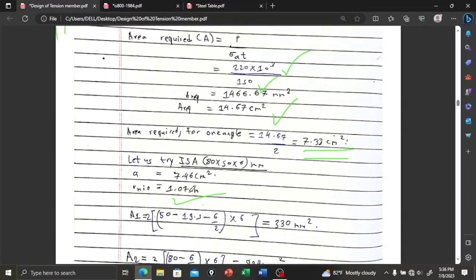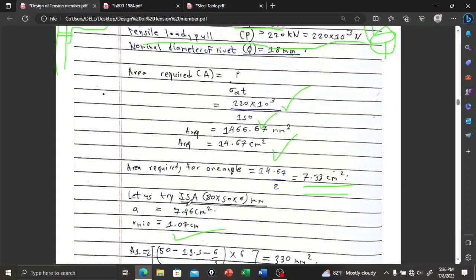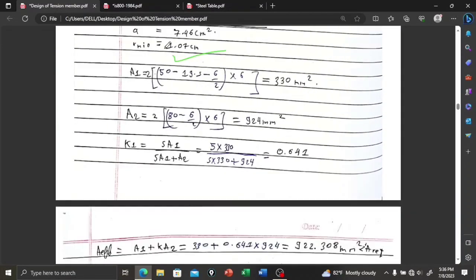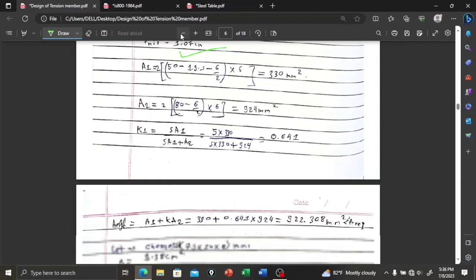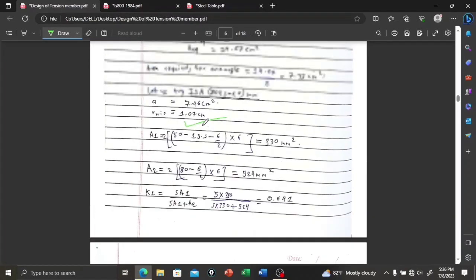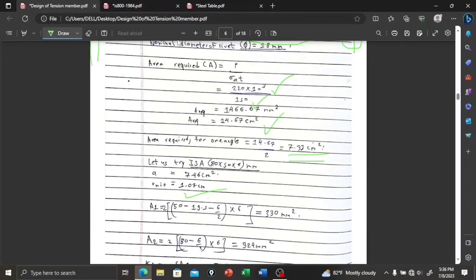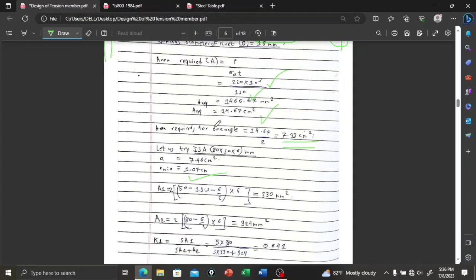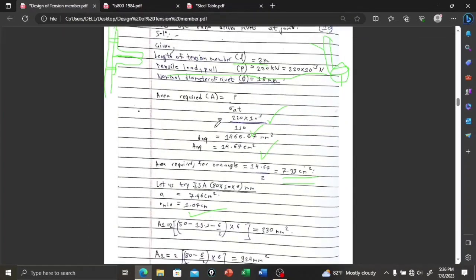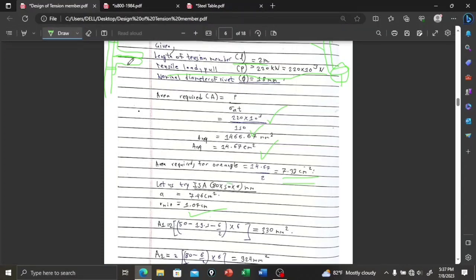So area is, 50 is the shorter length connected to gusset plate. This is 50, and from here to here is 80.